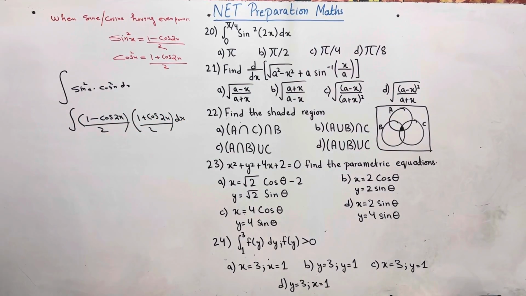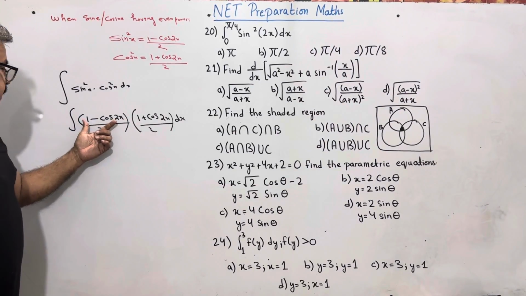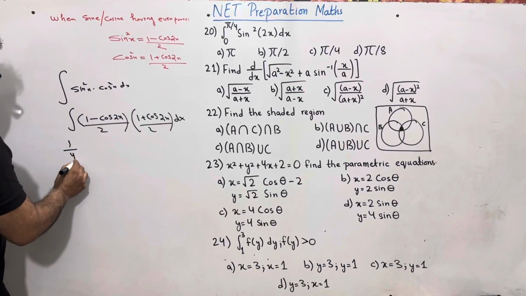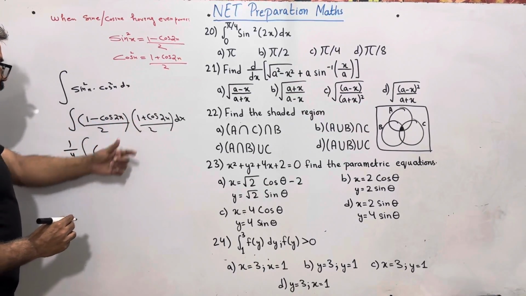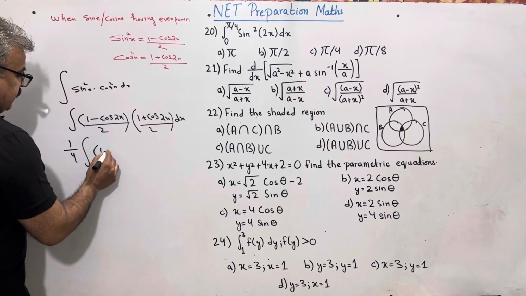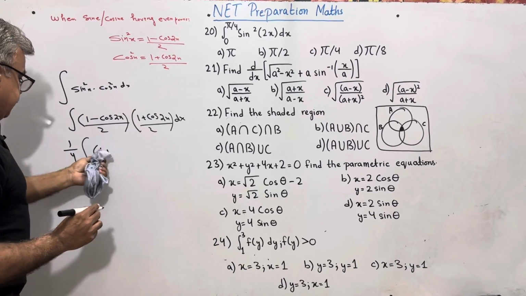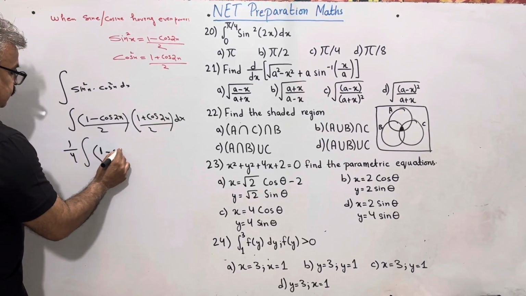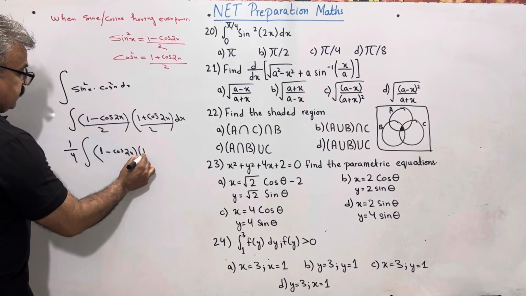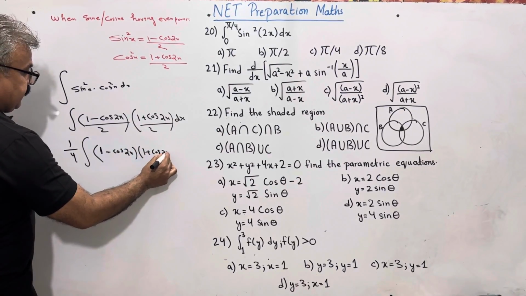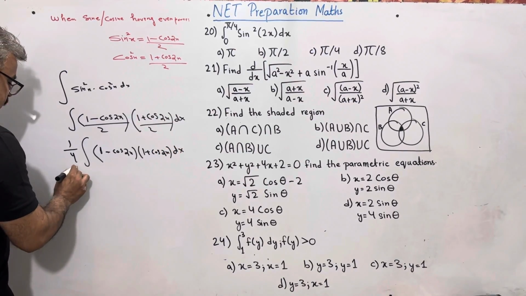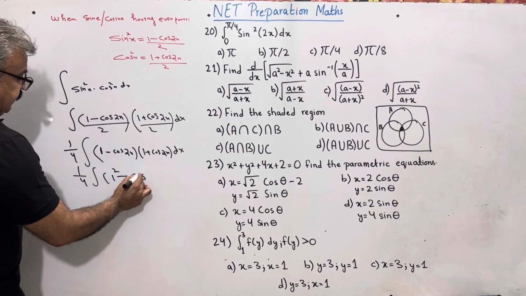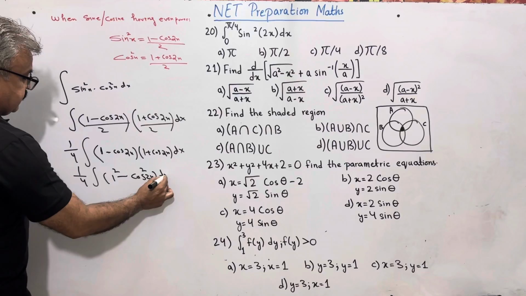It is a difference of squares situation. 1 over 4 outside, 1 minus cos 2x times 1 plus cos 2x dx. Proceeding, we have 1 minus cos square 2x dx.